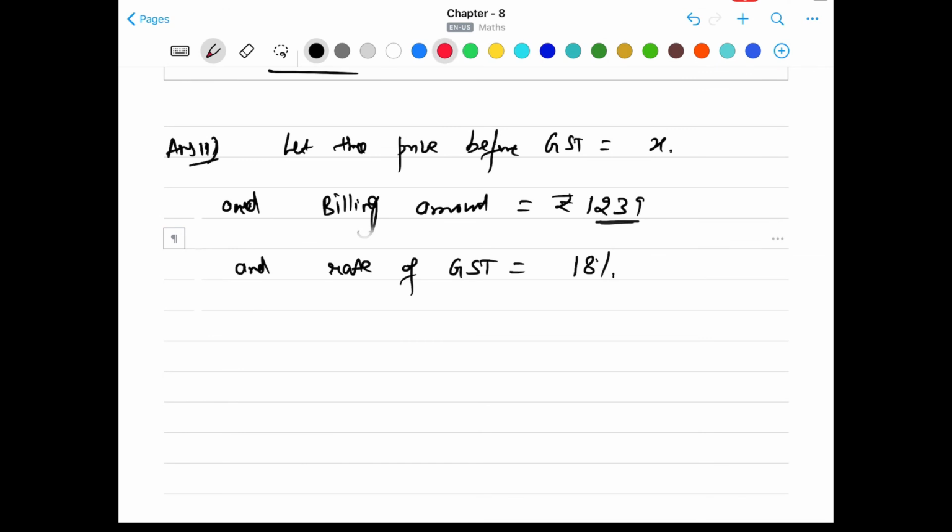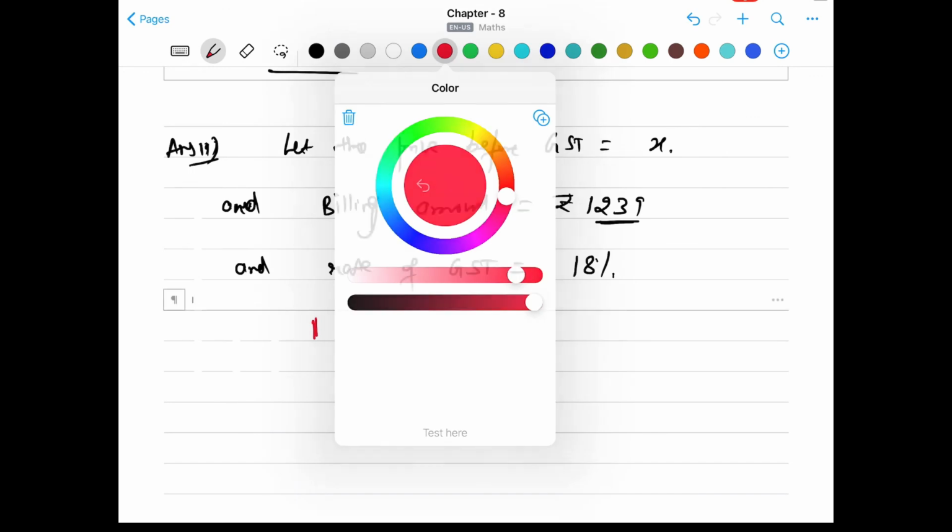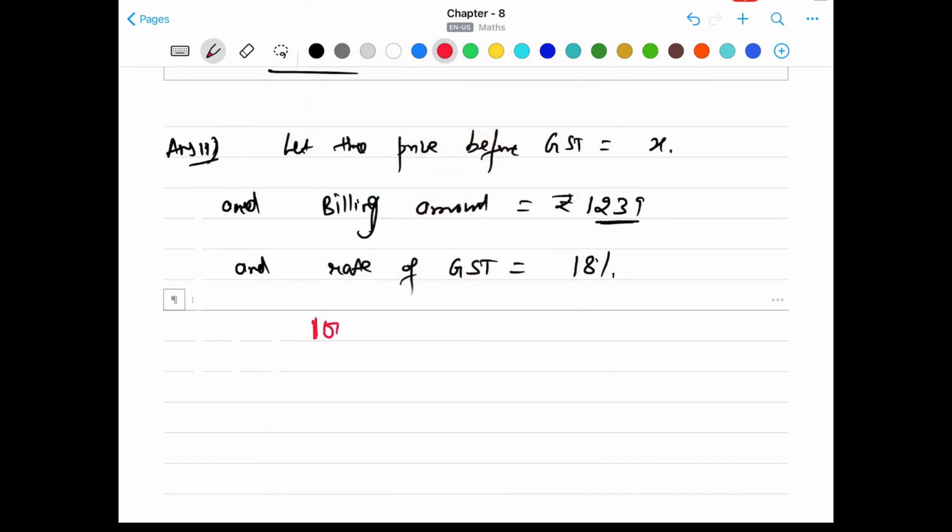For any article the marked price is 100%. In addition to that, we are paying 18% as GST, so the total amount paid is 118% of marked price, which is the price before the GST, and that is equal to 1239 rupees.